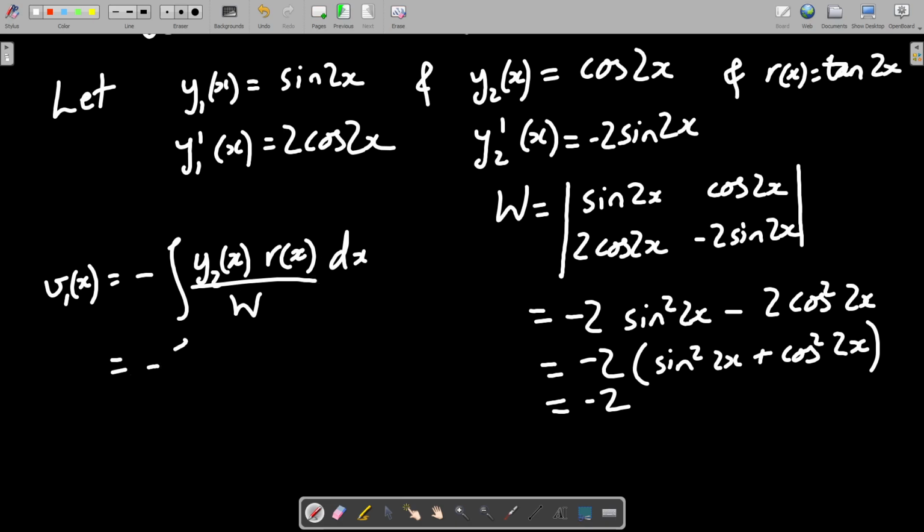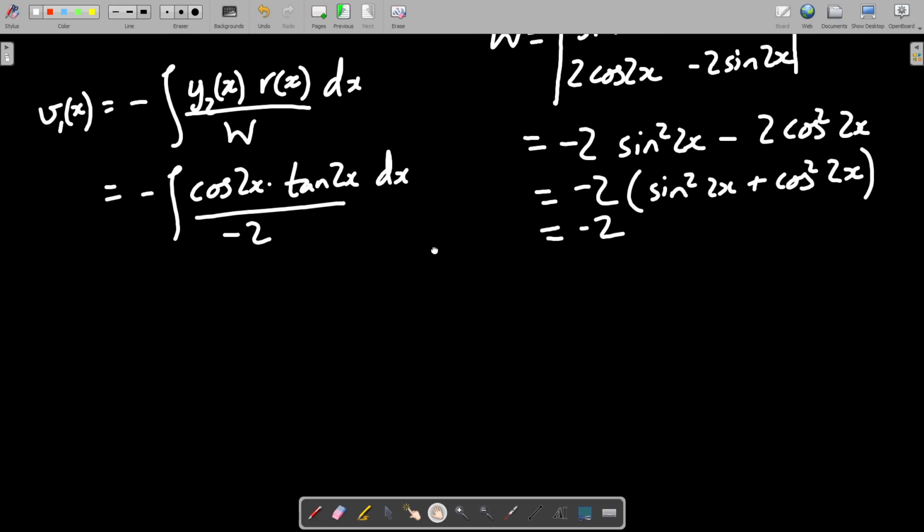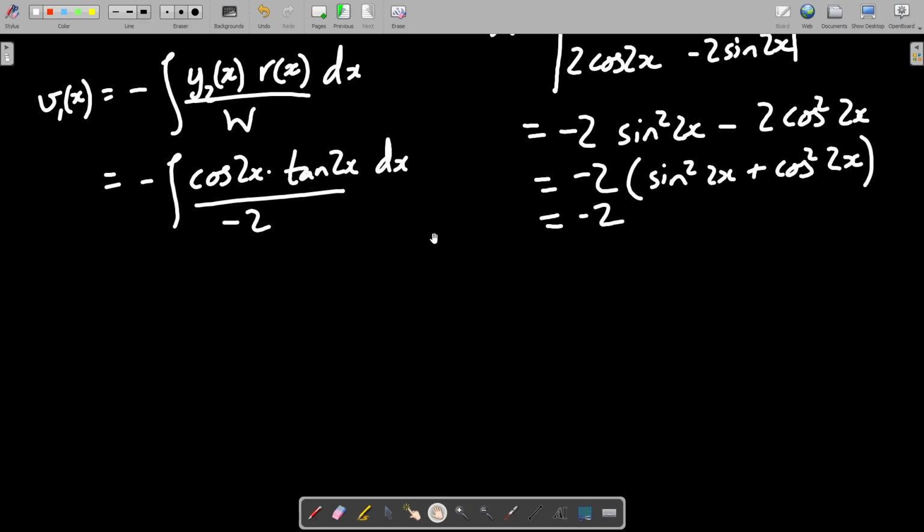So this is going to be minus integral of y2, that is cos 2x, into tan 2x upon minus 2. Minus minus will cancel, you will be left with a half here.